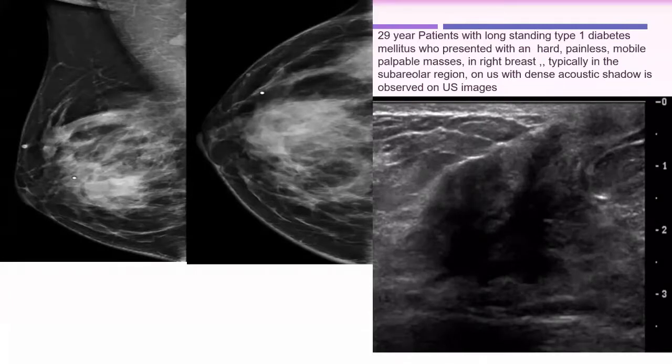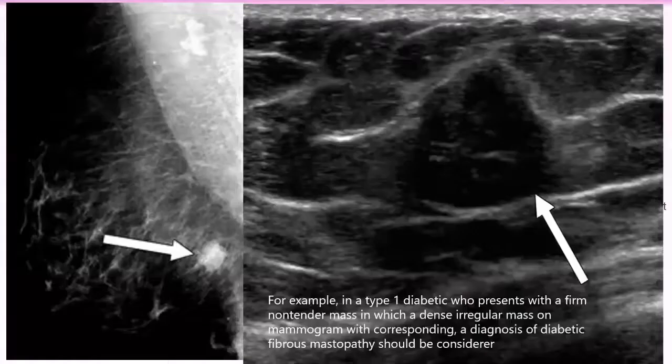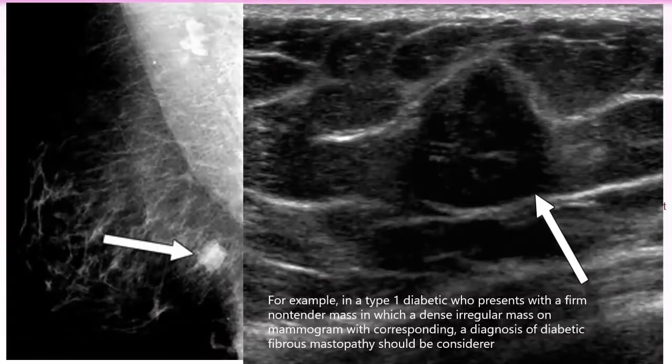This history goes with diabetic mastopathy or lymphocytic mastopathy, and this is again another example of diabetic mastopathy, also showing a hyperdense, irregular, or spiculated mass on mammography, and it is also suspicious on ultrasound.